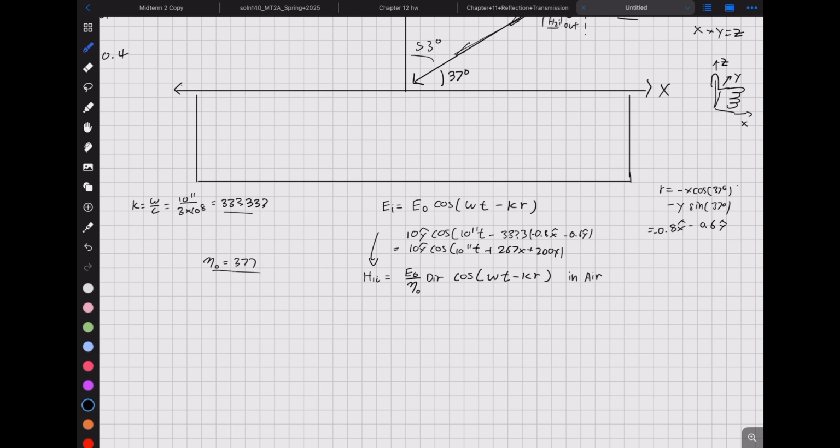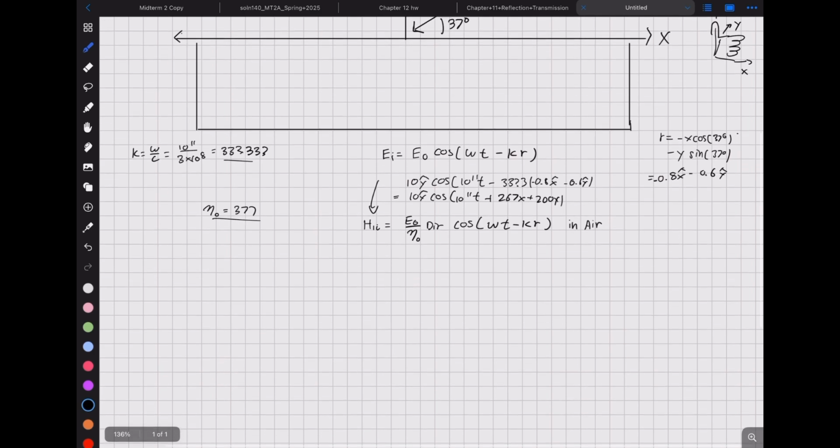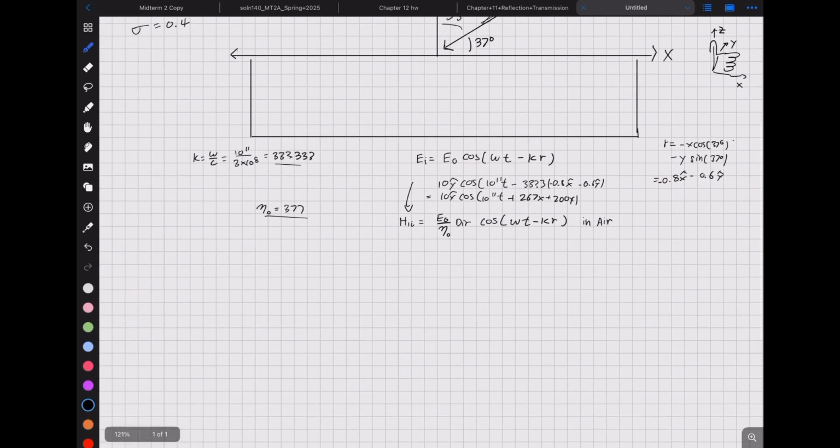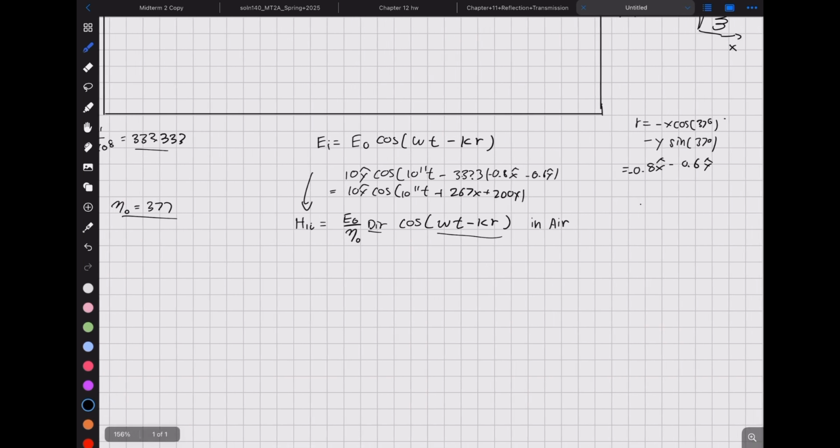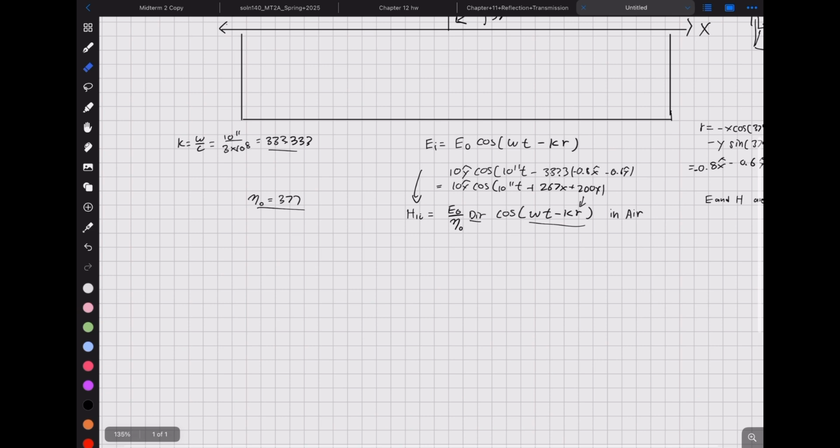That's going to be a constant that we're going to be using when doing these types of problems. So we already know most of these. We don't know the direction though. We know these because one of the important properties is that E and H are in phase. Most of these problems we don't have to worry about this part because it's going to be in phase for the whole problem, so it's always going to transfer over. All we need to do is find the direction now.